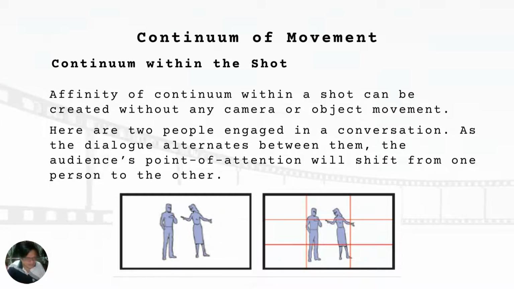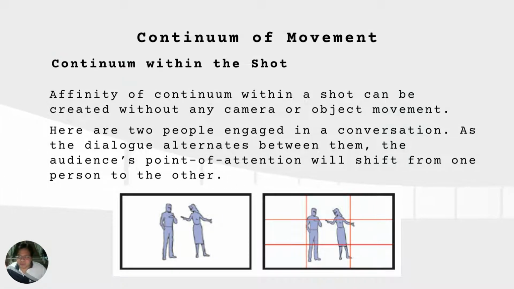In this particular frame, if the two characters are conversing, the point of attention of the audience will go to the person who is talking. Let's say the guy is talking, then you shift your attention to the guy. And when the girl is talking, you shift the attention to the girl. Okay?